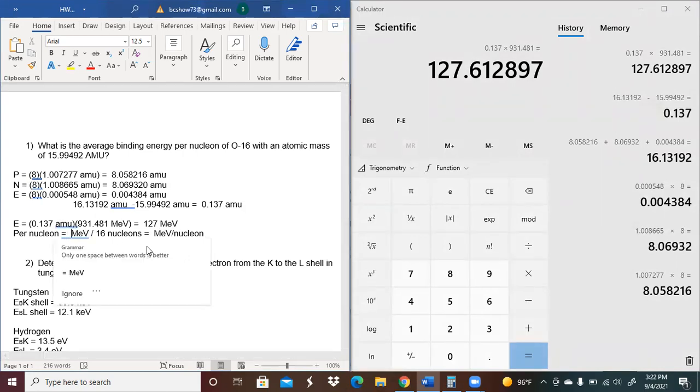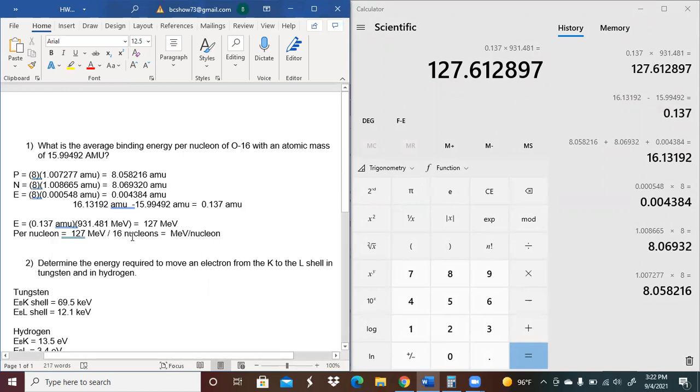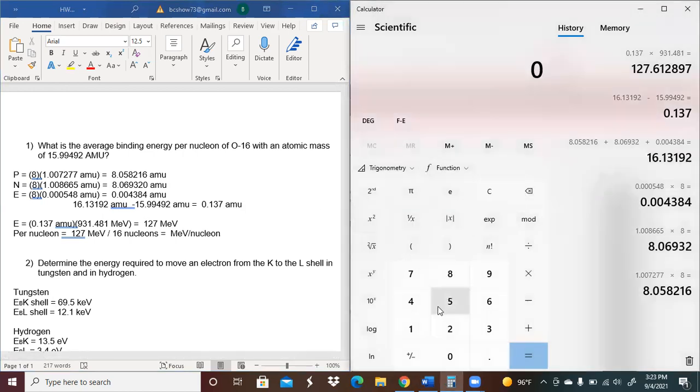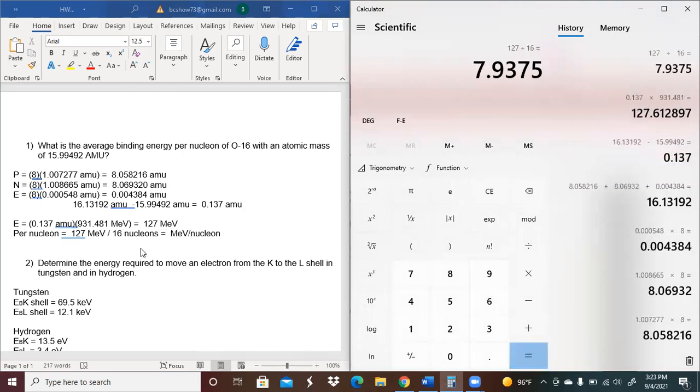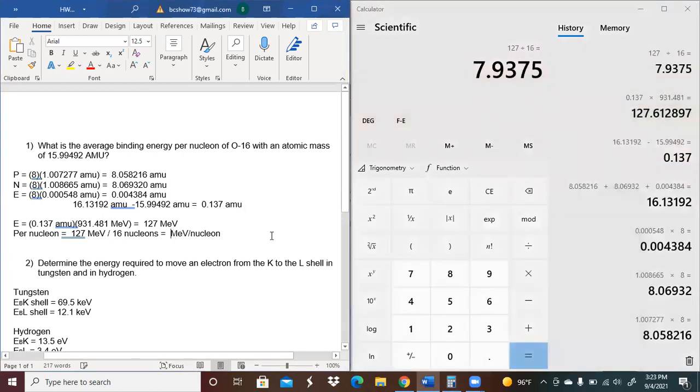All right, so per nucleon, I've got 127. And if we're looking at it per nucleon, basically this stuff right here, we know that the binding energy there, but it's very, very small. If we lumped it all in and just considered it per nucleon, then if we take 127 and divide that by the number of nucleons that we have, then we end up with 7.94 MeV per nucleon.